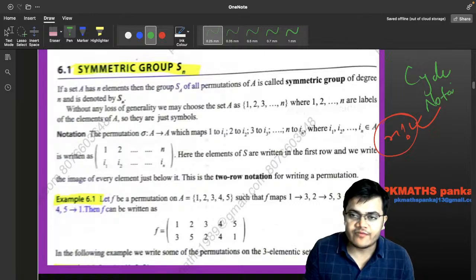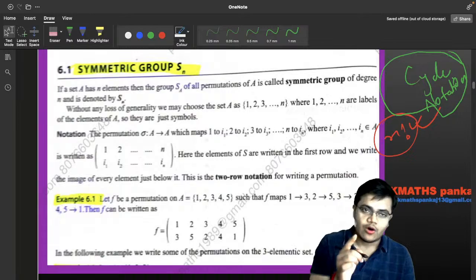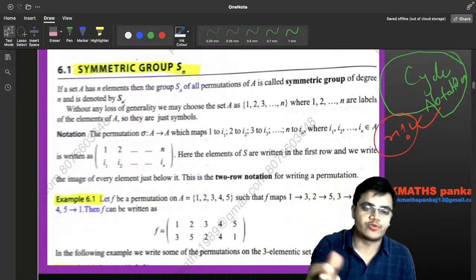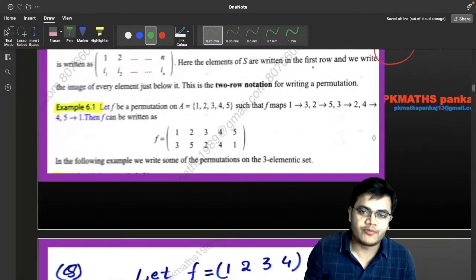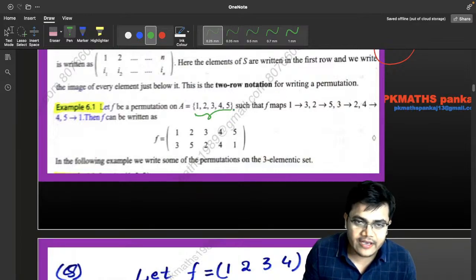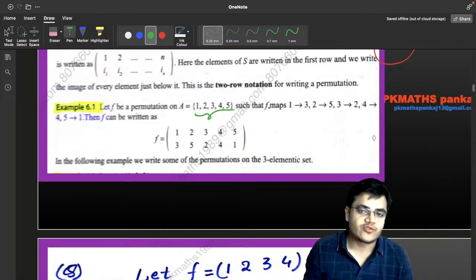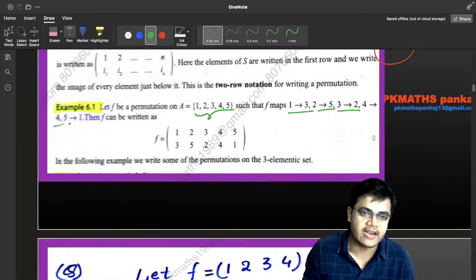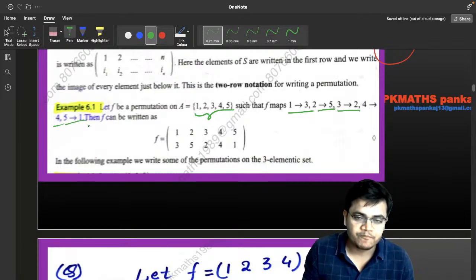And the very first question of this evening is completely based on the representation of permutations. Before coming to that question, I would like to tell you that here is A with 5 elements, where 1 is going to 3, 2 is going to 5, 3 is going to 2, 4 is going to 4 itself, and 5 is going to 1.